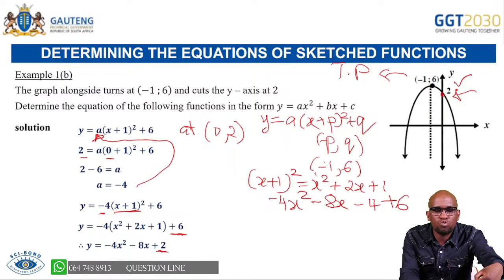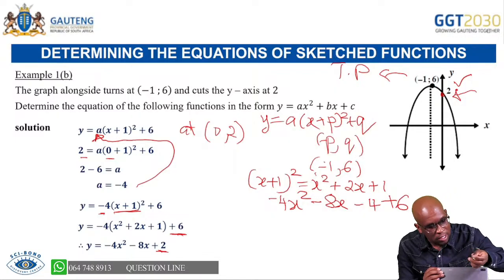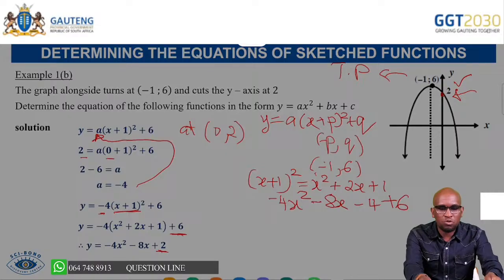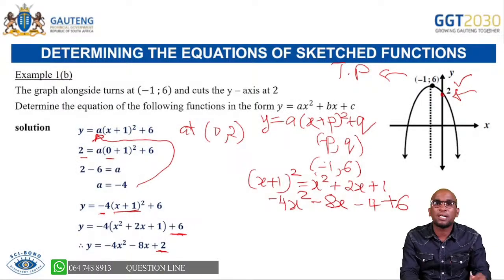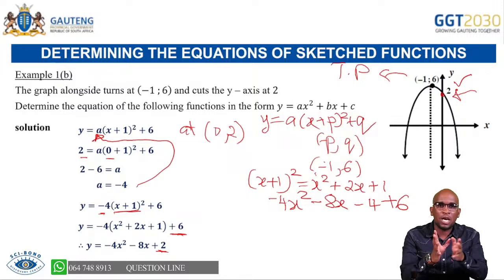Now, I want us to go slightly back and explain the concept that we are busy with, which is determining the equation of a parabola. First, we need to check what is given.